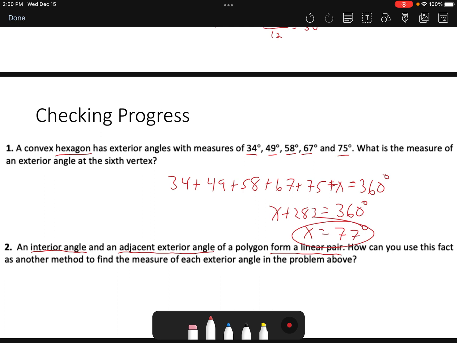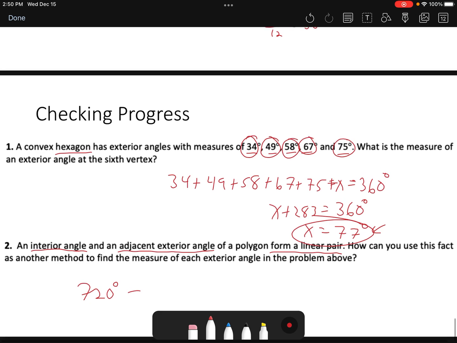Well, I don't think we'd want to use the interiors, but you could. A hexagon's interiors would be 6 minus 2 times 180, which is 720. We could subtract then 180 minus that, 180 minus that, and so on. Boy, it'd be a lot of work, but we could still arrive at that number. I don't think I would do that, but you could.